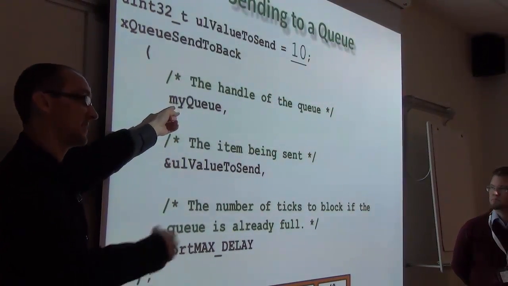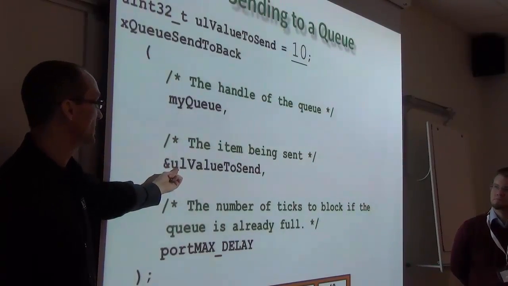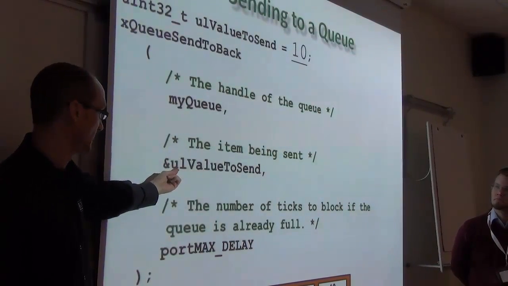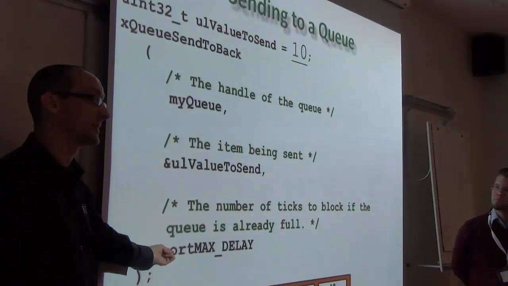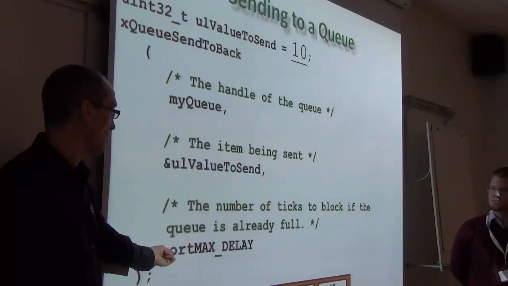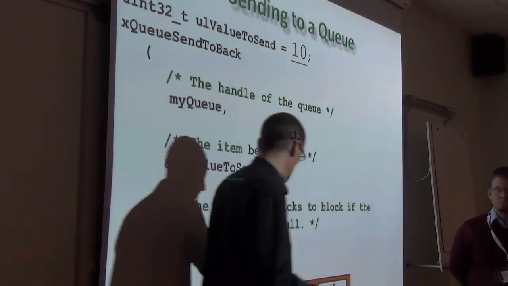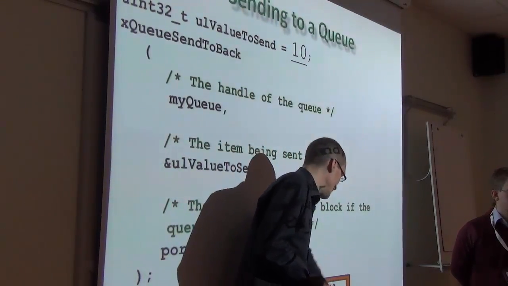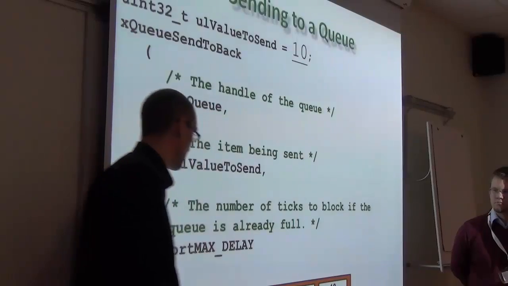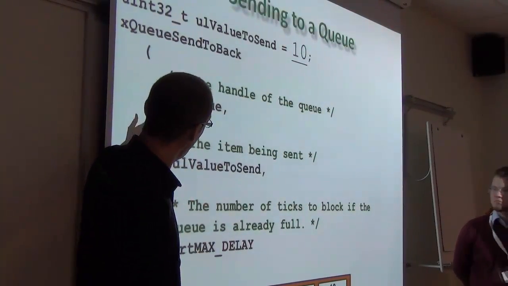We've just created this queue on the previous slide. Here is a pointer to the data we're going to send, and this is how long we want to wait to try and send. So when we're sending to the queue, if there's space in the queue, in which case there is, because there are 3 spaces and they're all empty, we've written the value 10 in the front of the queue. It's the front and the back of the queue in this case.